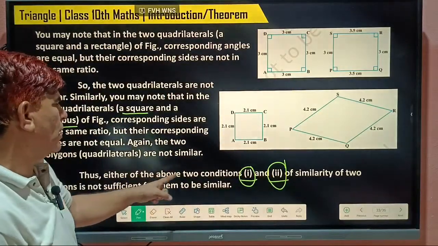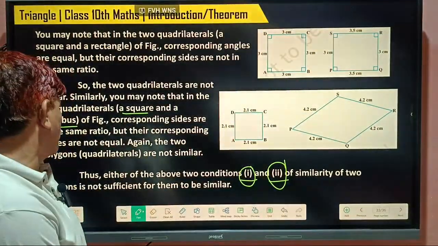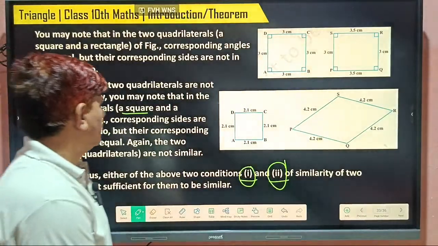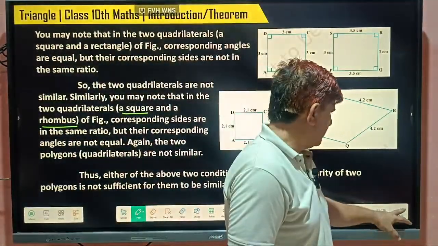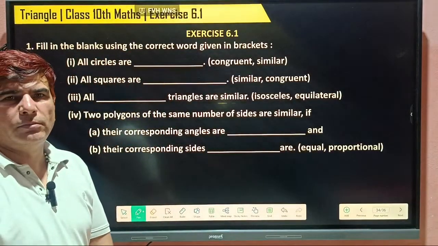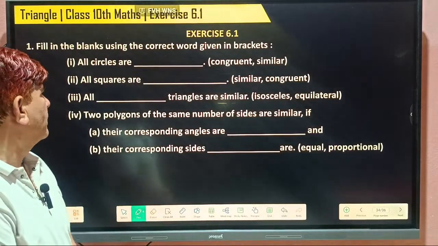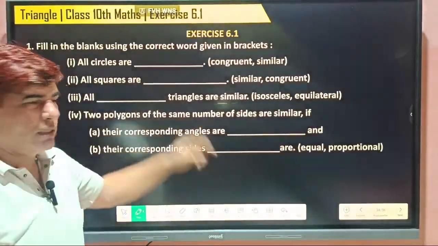Understood? Thus either of the above two conditions of similarity of two polygons is not sufficient for them to be similar. Now this exercise comes.